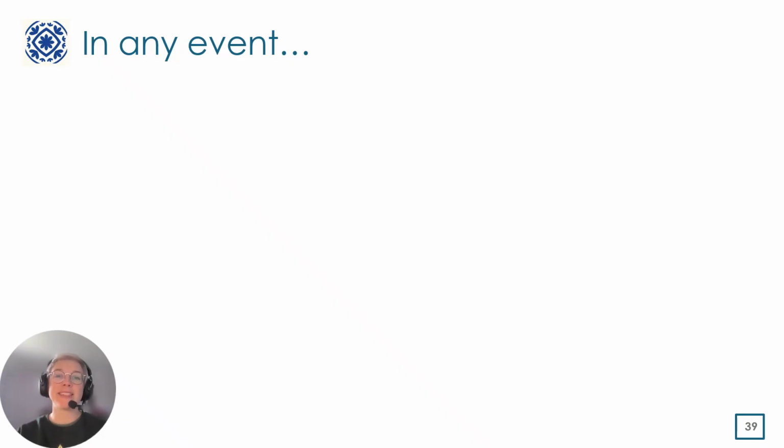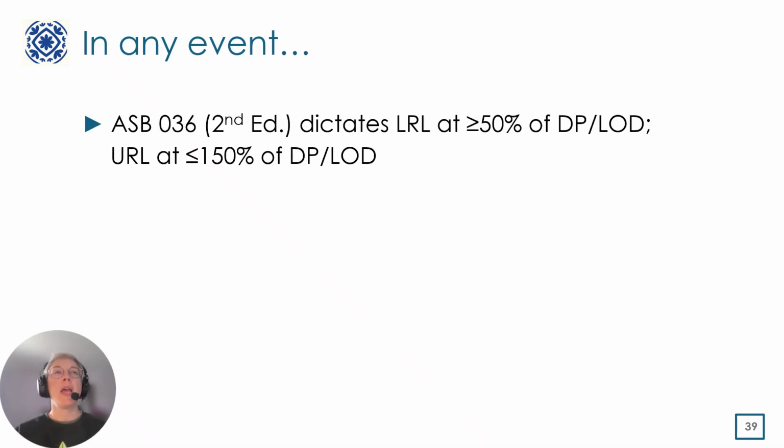In any event, whatever approach you settle on to estimate the size of your unreliability zone, ASBO 36 second edition mandates that the lower limit be greater or equal than 50% of the decision point or LOD concentration.